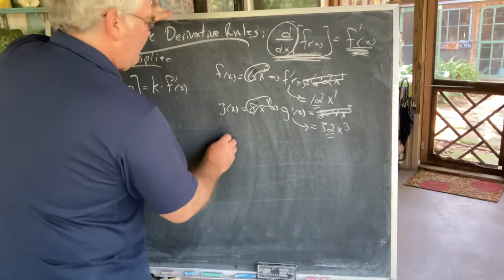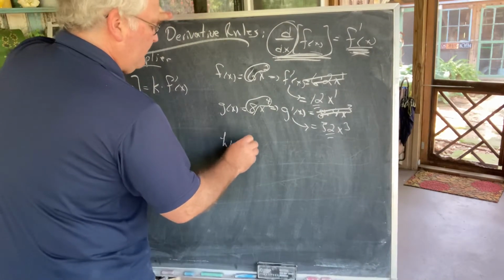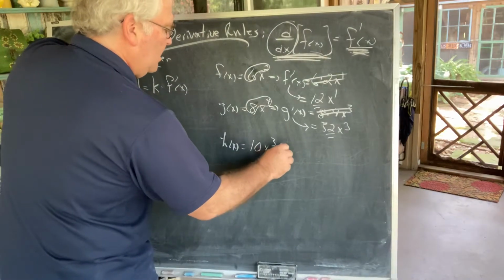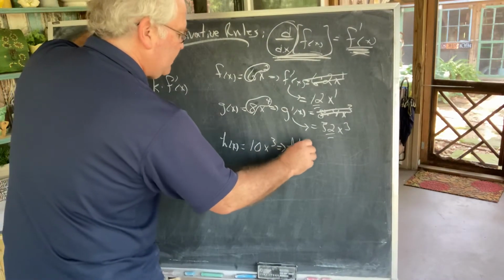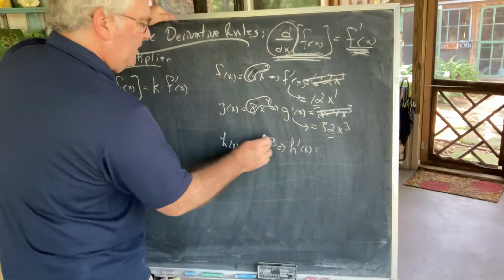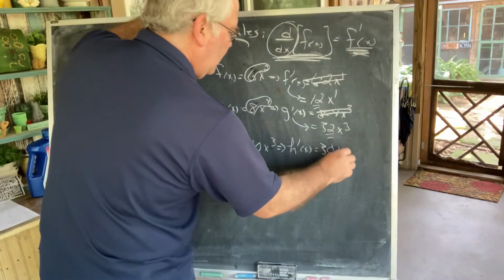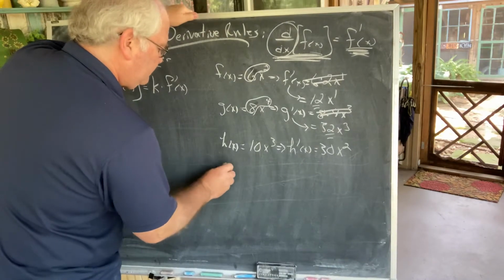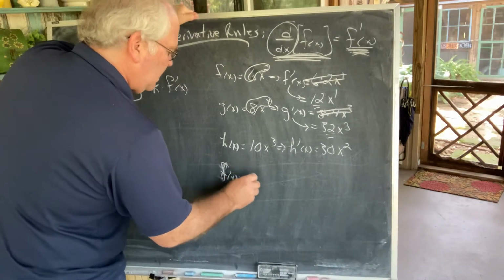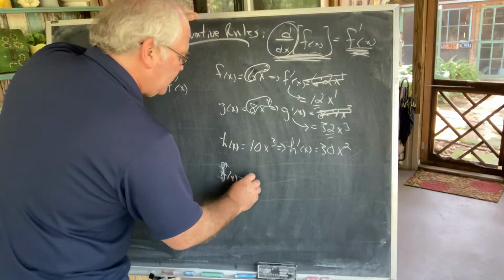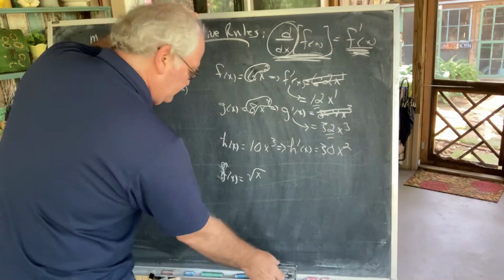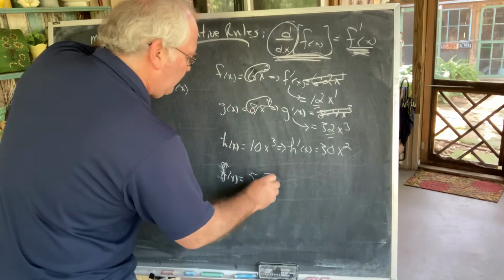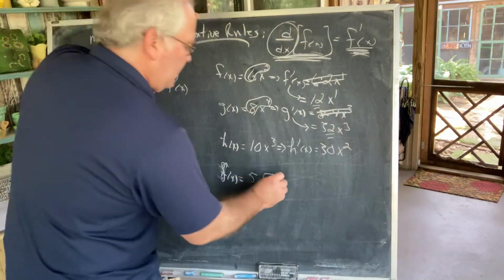And so if h of x is given by, let's say, 10x to the third, then we can go directly to h prime of x, the final result: 3 times 10 is 30, x to the second. Similarly, if f of x is 5 square root of x, well, we can first rewrite that.